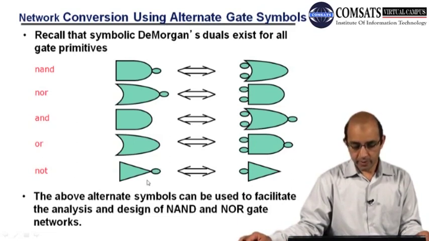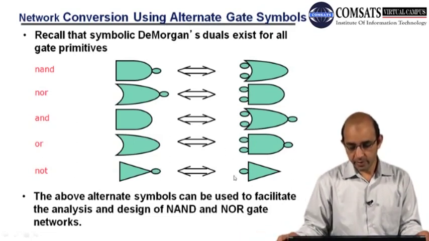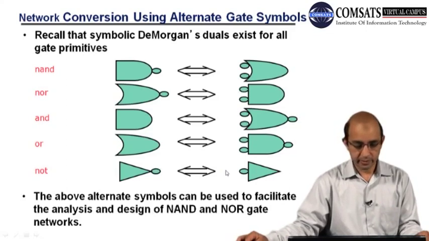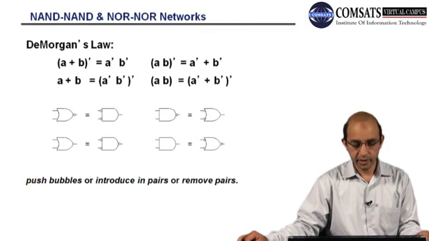You can place the bubble here or you can place the bubble at the beginning. So these are the equivalent representations of NAND. You can have both of them, right? So these are DeMorgan's laws, right?